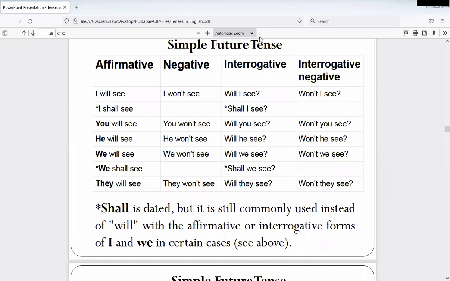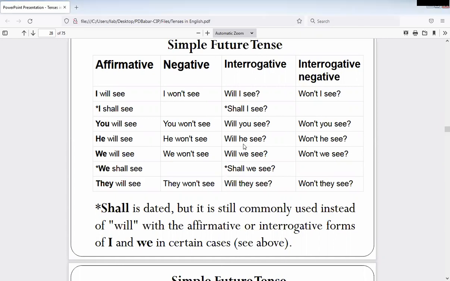Its interrogative will be shall I see, and its negative interrogative will become shan't I see. In this way, this chart we have to use. So you will see is affirmative, its negative will be you won't see, its interrogative will be will you see, and its negative interrogative will be won't you see. So in this way this chart continues.